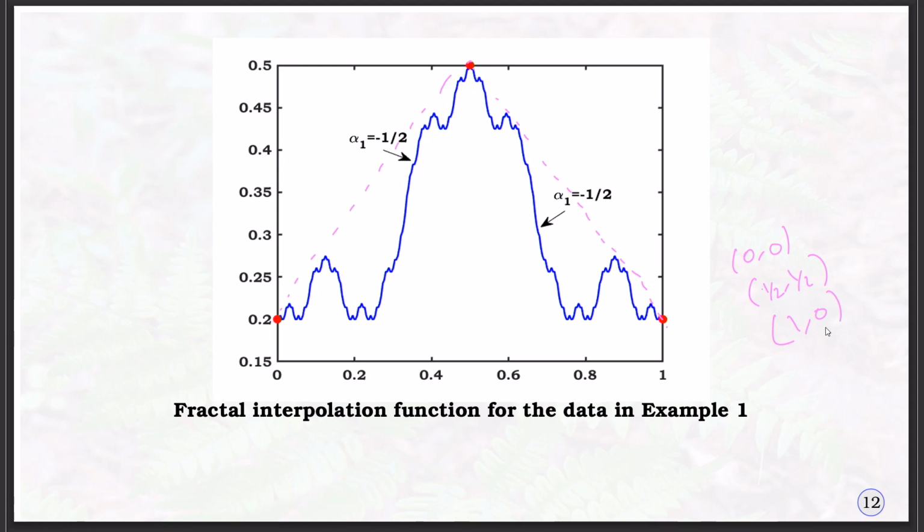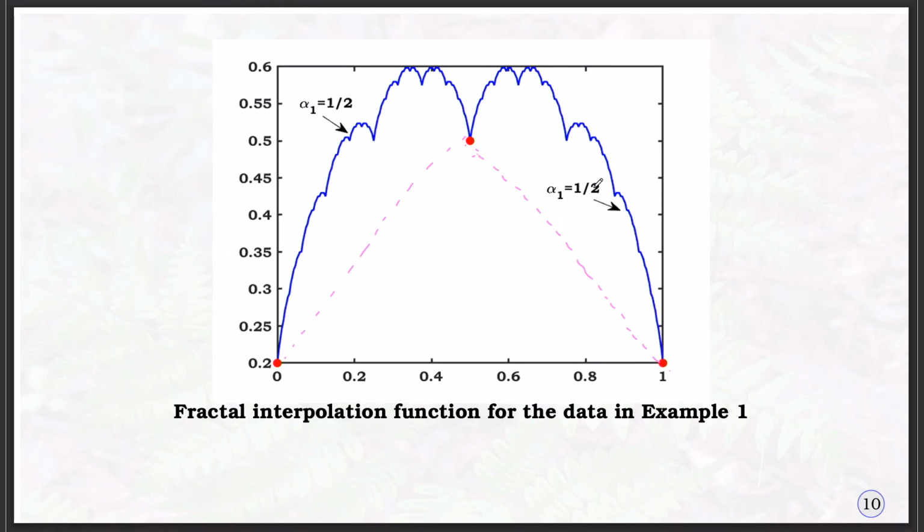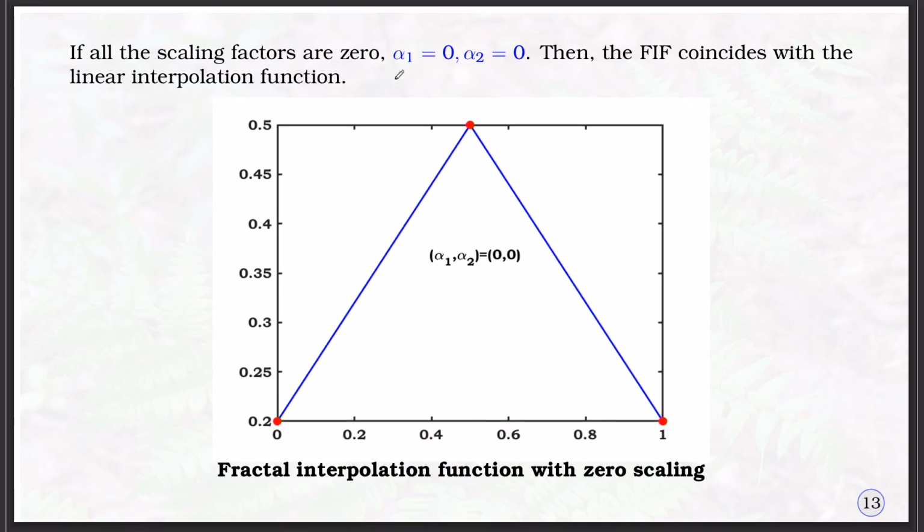The data points are the same, whereas Qi of x we take as the linear case, Ci x plus Di. If you change alpha, we get two entirely different curves. Now if you take alpha 1 and alpha 2 both as 0, it coincides with the classical interpolation function given here.